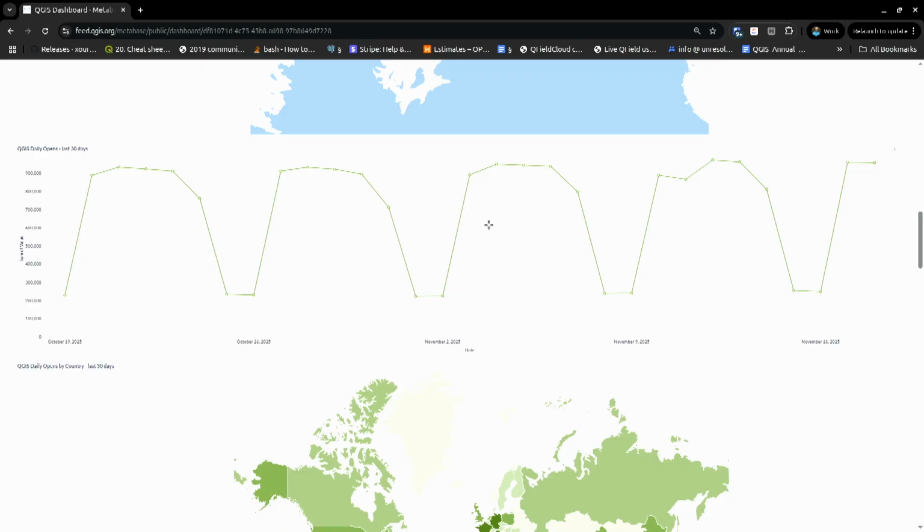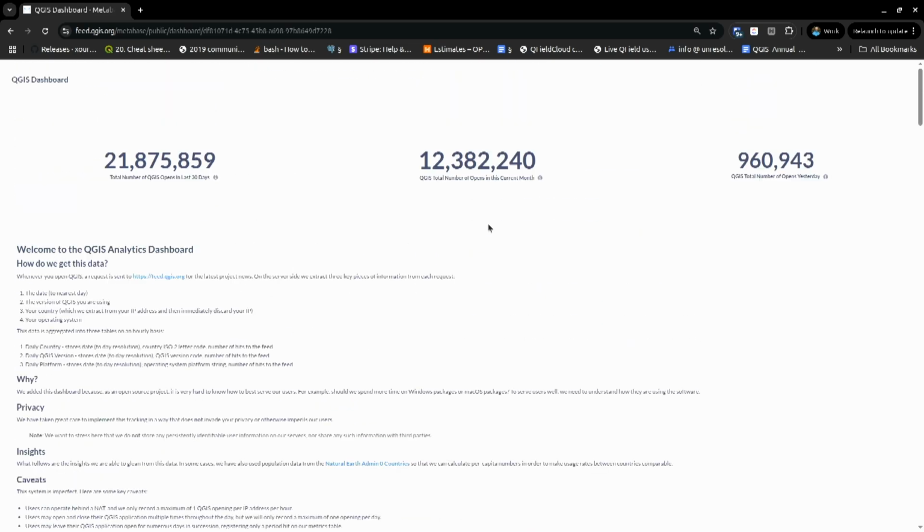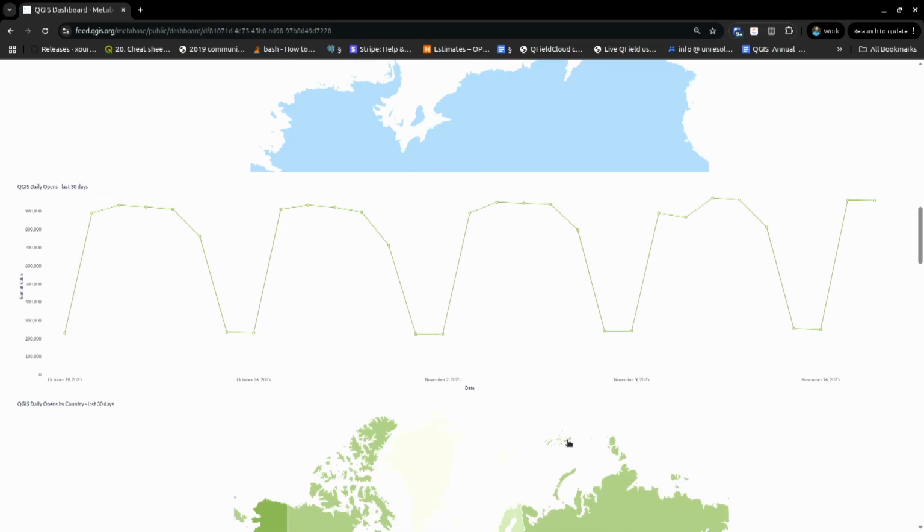It's a fantastic resource if you get those questions of, oh, this is just an open source thing, not trustworthy, only some hobby project. You can go to your boss with this site and say, hang on a sec, we are talking about 21 million QGIS opens in the last 30 days, unique users opening QGIS in the last 30 days. It's colored by population.